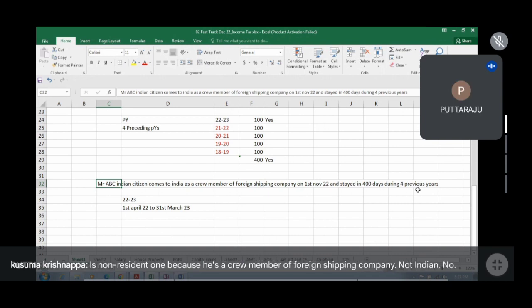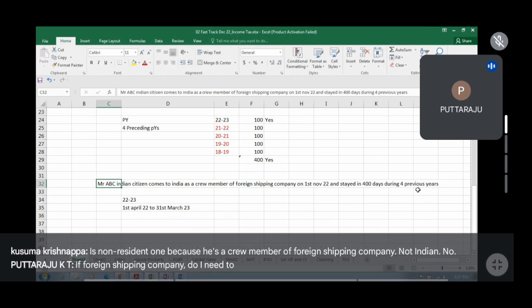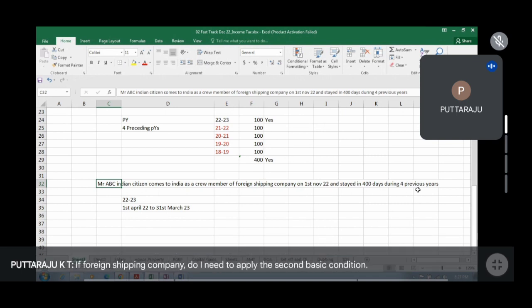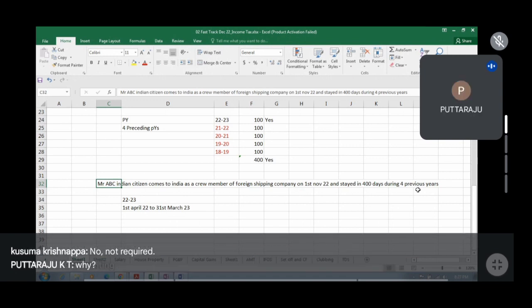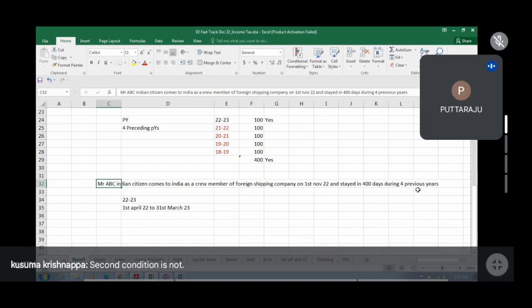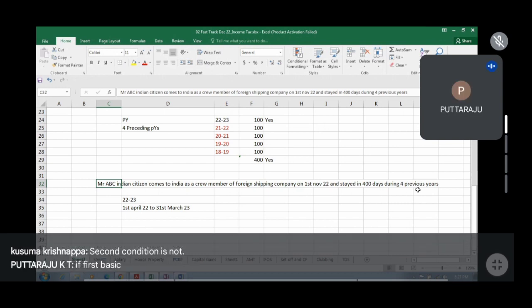Do I need to apply the second basic condition test also? If the first condition itself is not fulfilled, the second condition need not be applied. If the first basic condition is satisfied, then the second condition is to be applied.